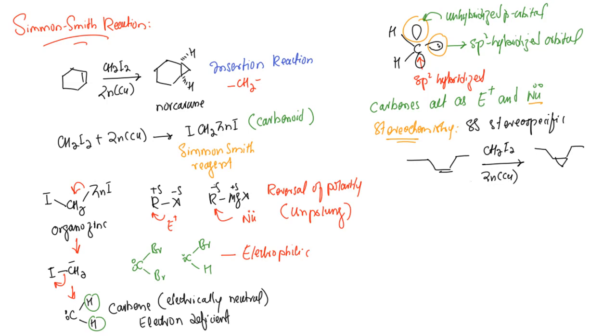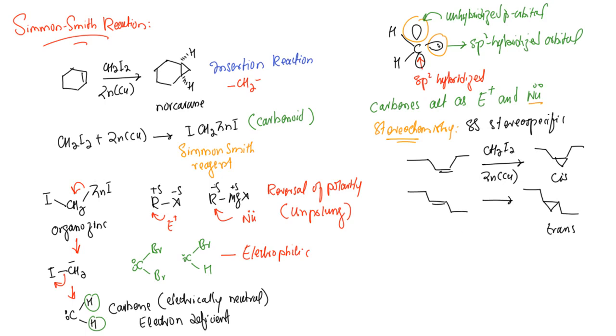If it is trans, we will get a trans product. For example, just take an example. Again, we will get a trans. This is cis cyclopropane, and this is trans.